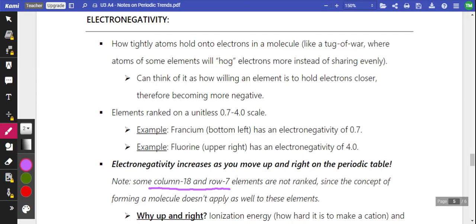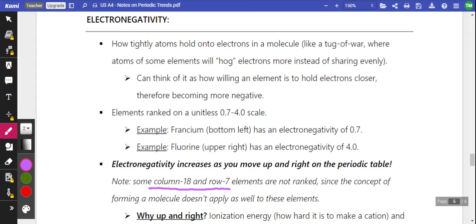So most of those elements can't be compared to each other as which one's going to be greedier with their electrons and which one's going to be more loose with their electrons, because we don't get the chance to observe that. So we just ignore column 18 because they don't really fit that definition.